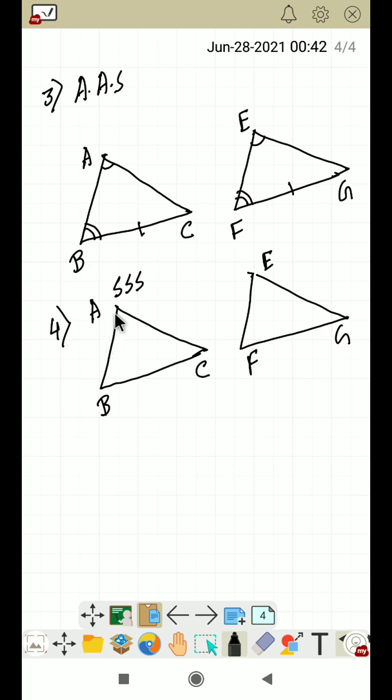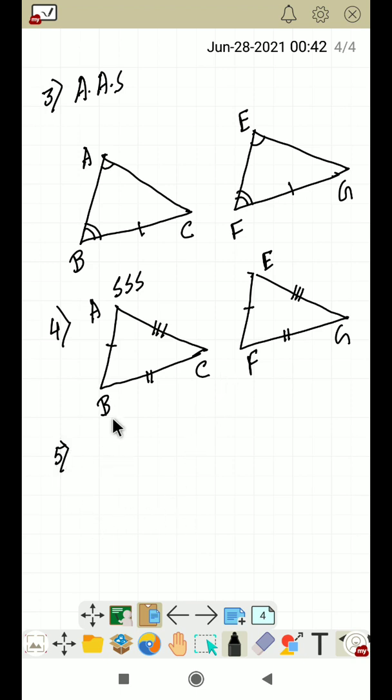That means suppose AB is equal to EF, BC is equal to FG, and AC is equal to EG. That time you can say that these two triangles are congruent triangles.